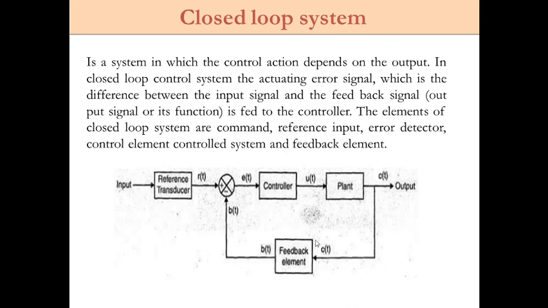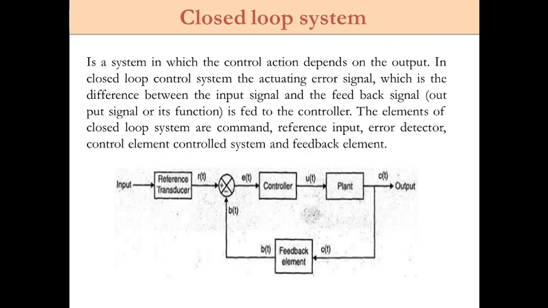Before beginning with the actual closed loop system, we'll try to understand what exactly this feedback element is and what its function is. Feedback is a property of the system by which it permits the output to be compared with the reference input to generate the error signal, based on which the appropriate controlling action can be decided.